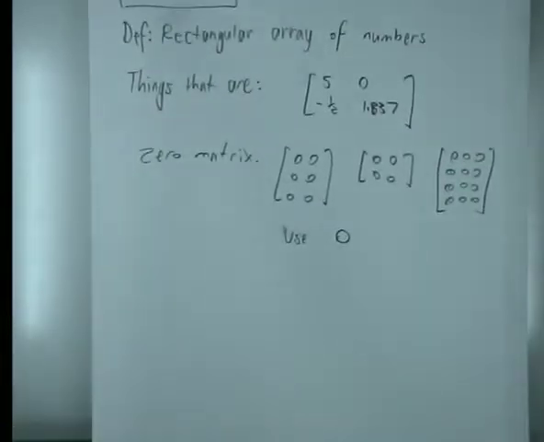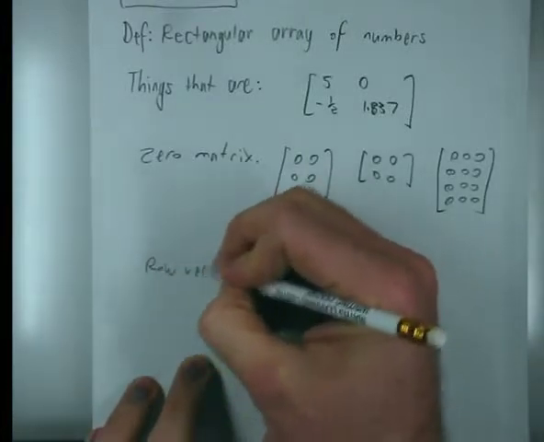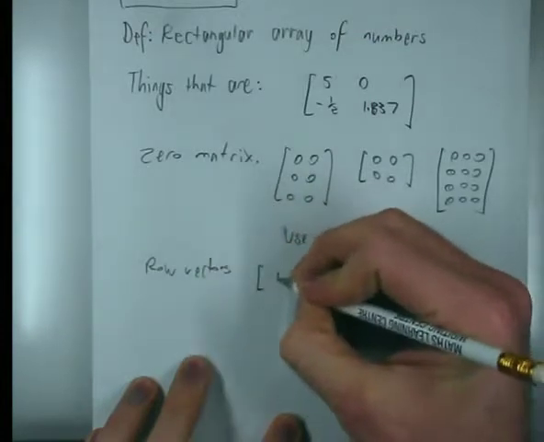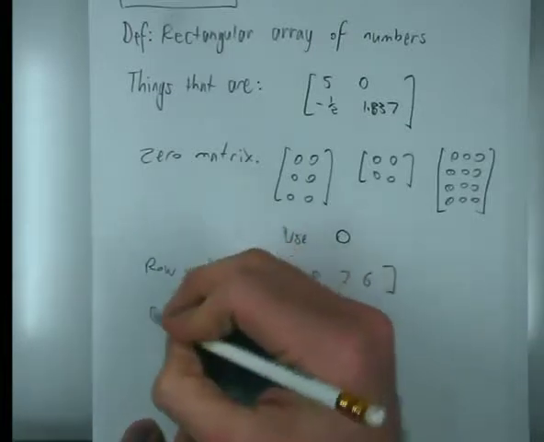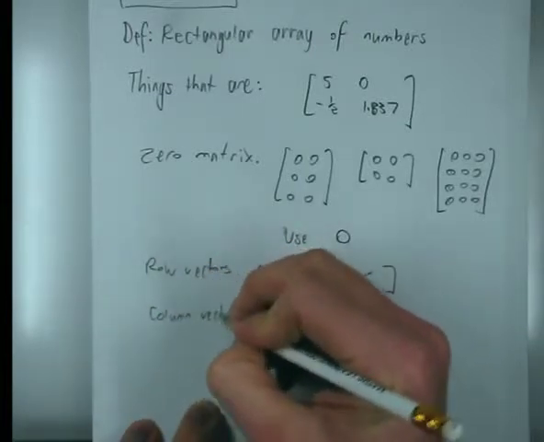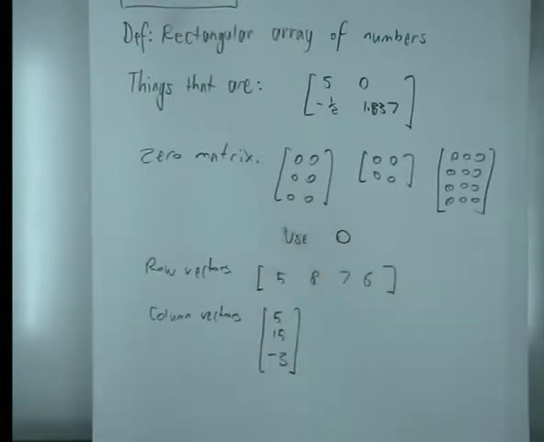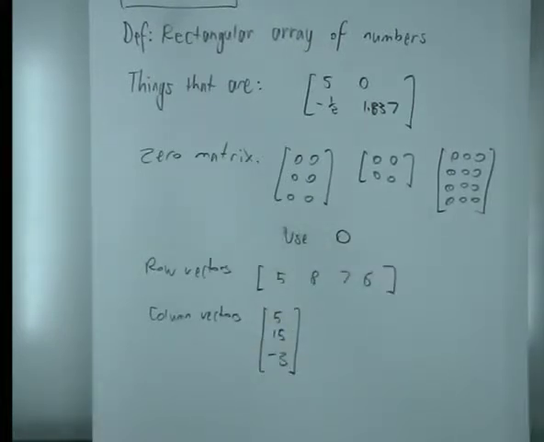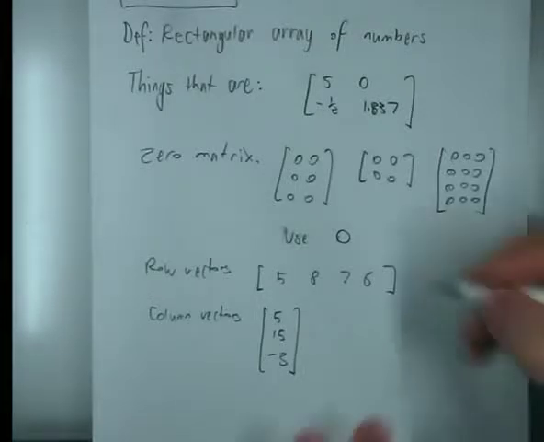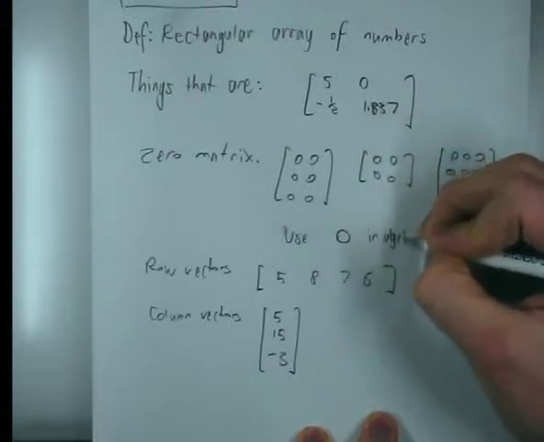Cool. There are also things that mathematicians call vectors. Like that. Or column vectors. Something like that. And they're usually represented not with capital letters, but with, I'll just use 0 in algebra.